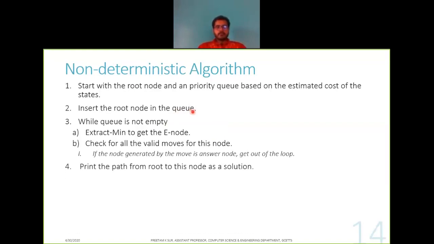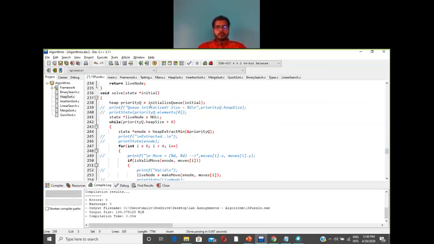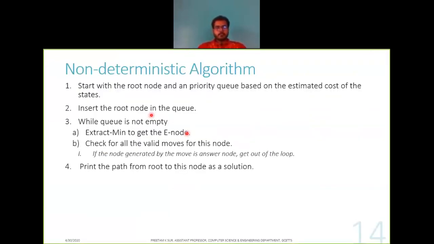We have created a priority queue, and we have inserted the root node into the queue. Next, while the queue is not empty, which is checked by the heap size being greater than 0, we use extract min to get the e node.